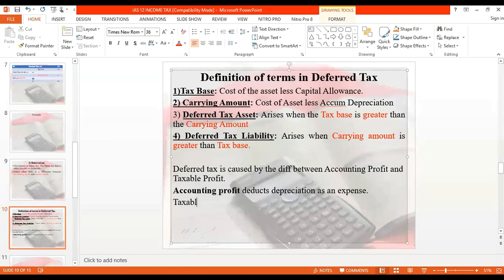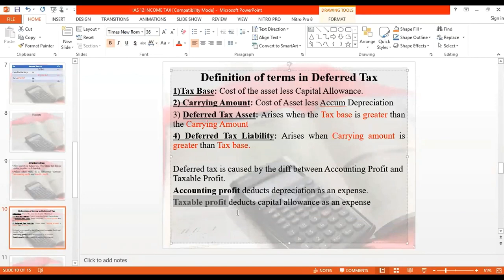Taxable profit deducts capital allowance as an expense. So this is basically the difference between accounting profit and taxable profit.